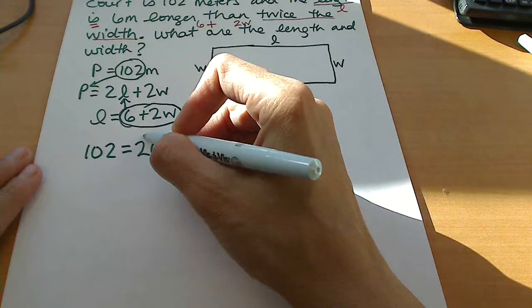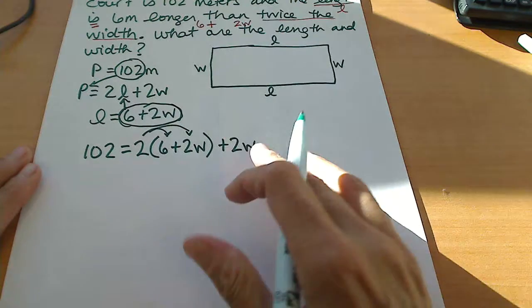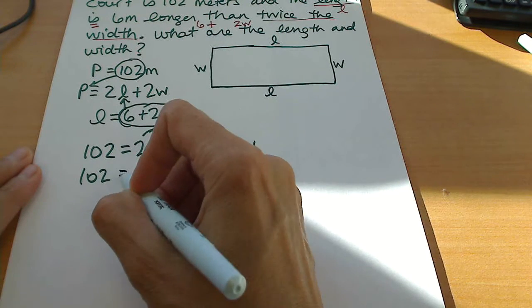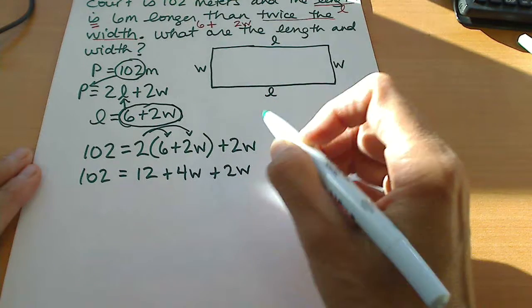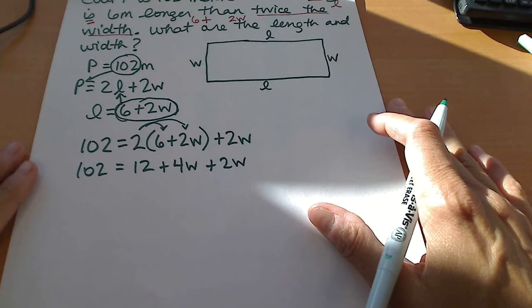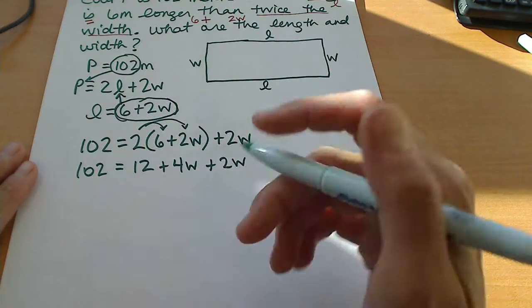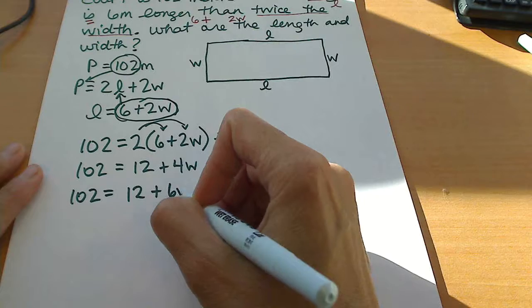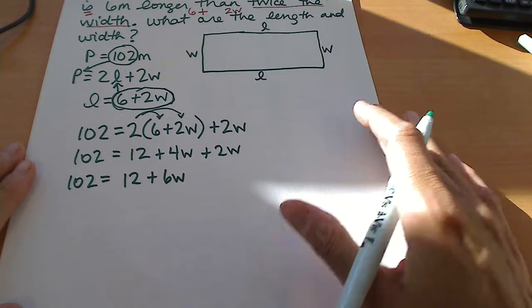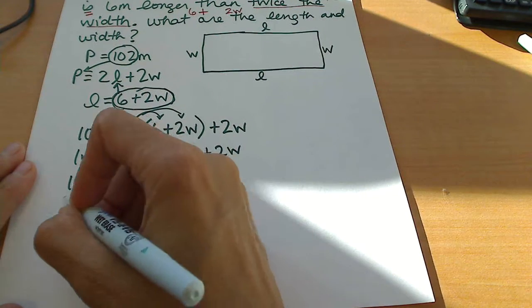Okay, so we're going to solve it like usual. We'll start by distributing the 2. And so this becomes 12 plus 4W plus 2W. And then we want to collect like terms on this side. So we've got 6W. And now we're going to subtract 12.